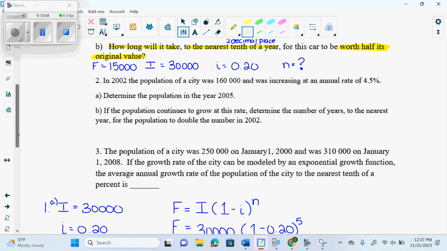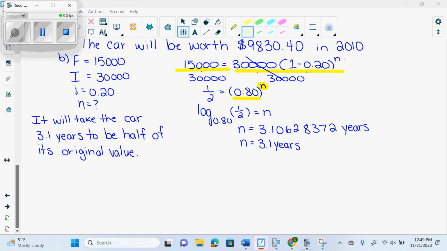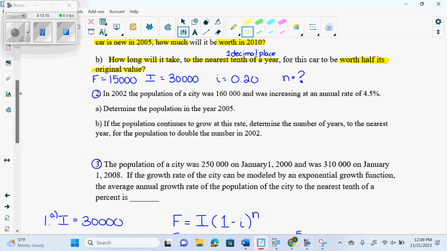Okay, this one's increasing, so what's the only difference? 1 plus. So I want you to try 2 and 3. Try them out. So number 2 says, in 2002, the population was 160,000. Now you have to watch yourself and see if that's the final or the initial, so you have to keep reading.